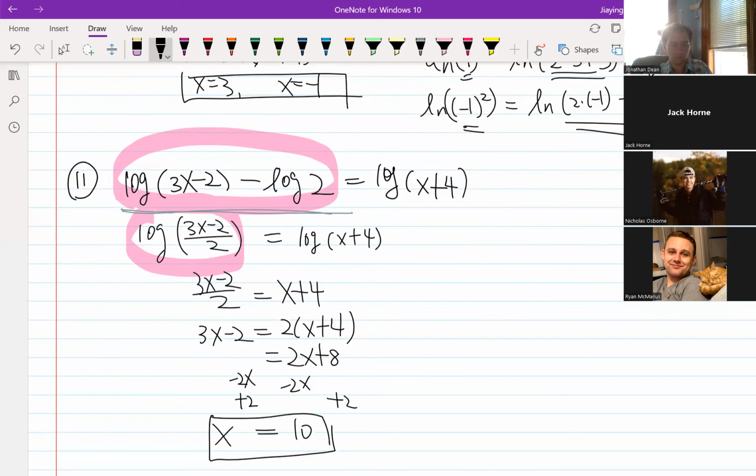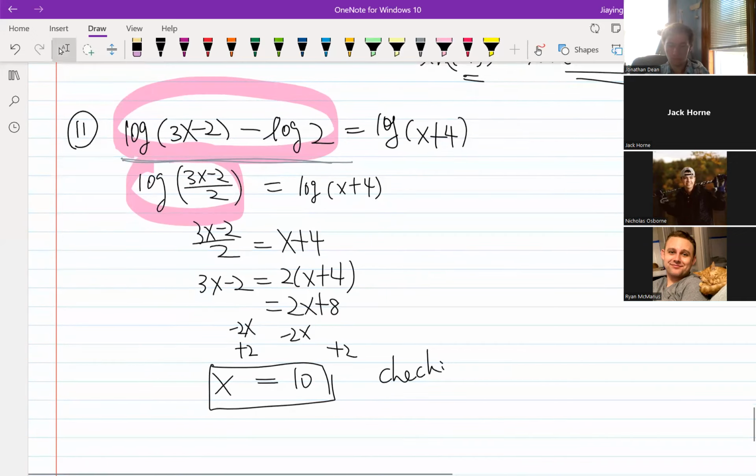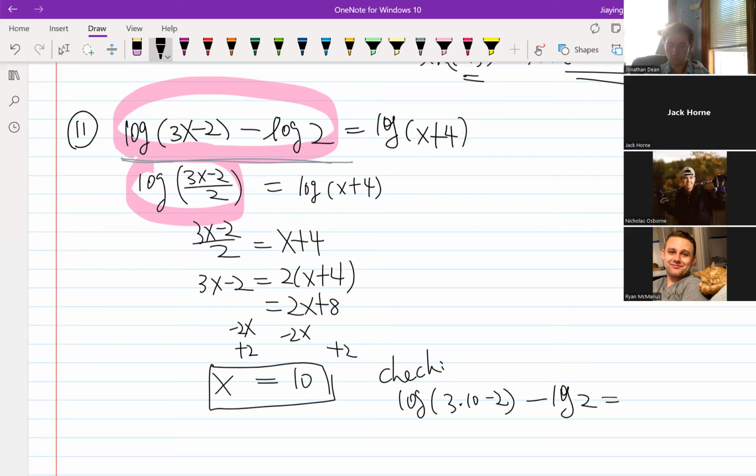And to check, what we're going to do is we're just going to put x equals 10 into the equation. We get log of (3 times 10 minus 2), so that's log of 28, minus log of 2. Is that equal to log of (10 plus 4), 14?